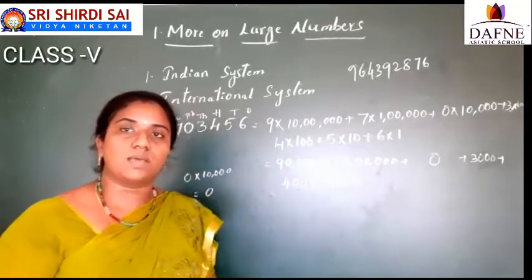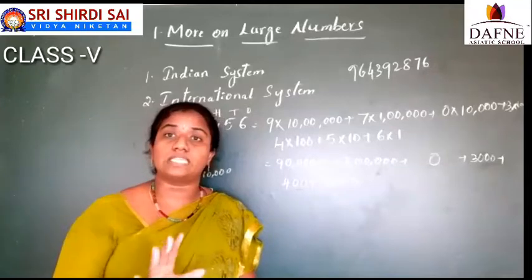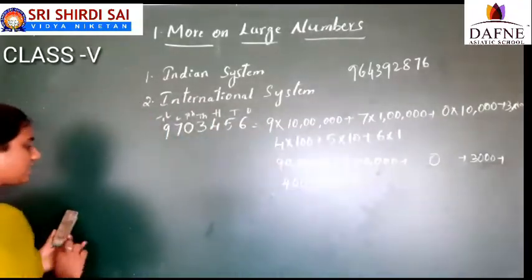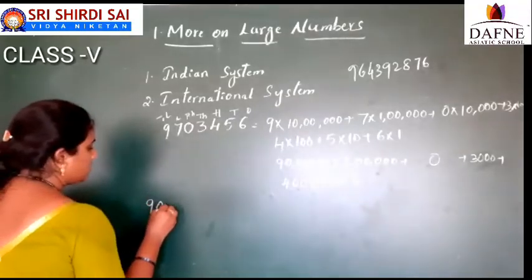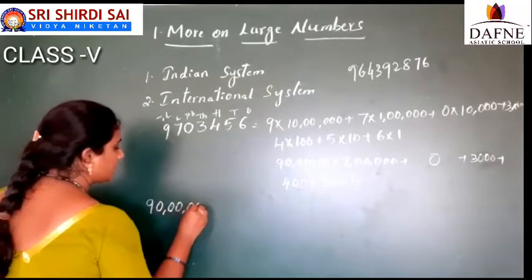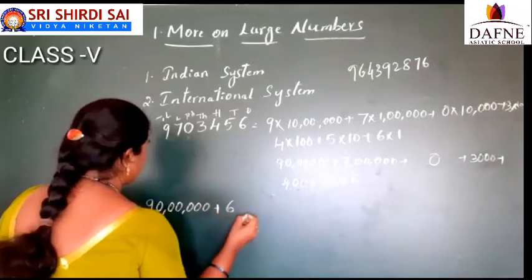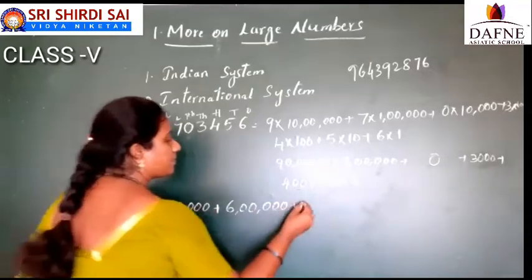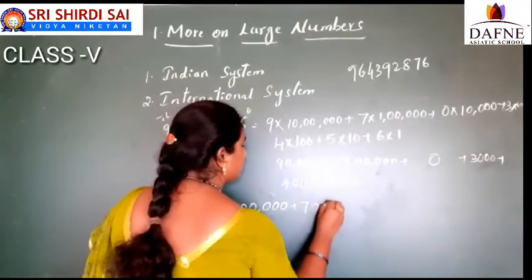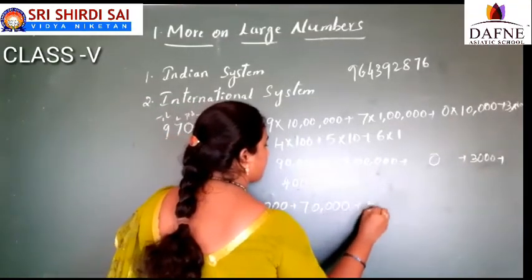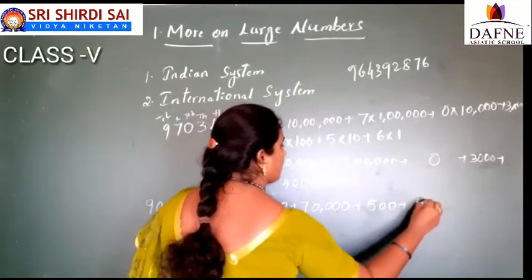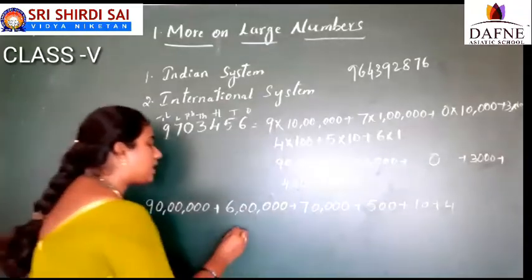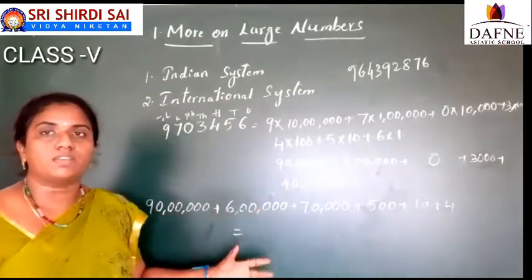Now suppose, for example, they give the expanded form and you want to write the number. They have given it like this, in the expanded form. So you want to write the numeral for this, that means the number.